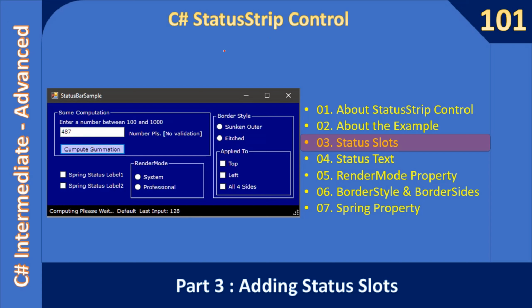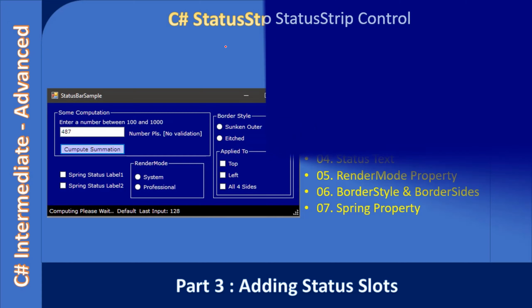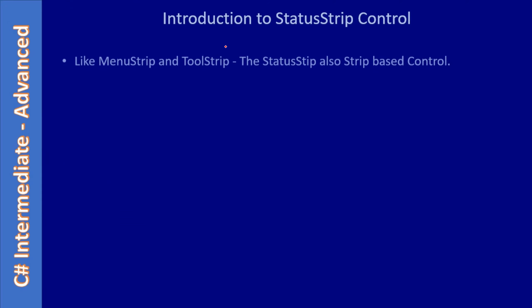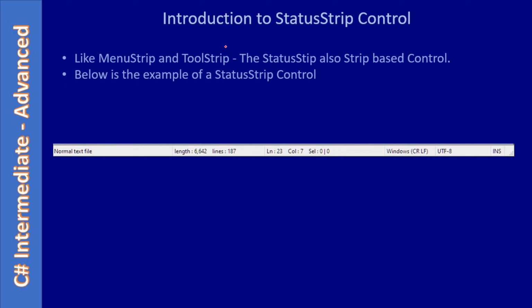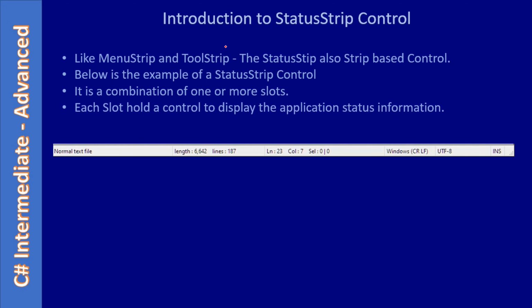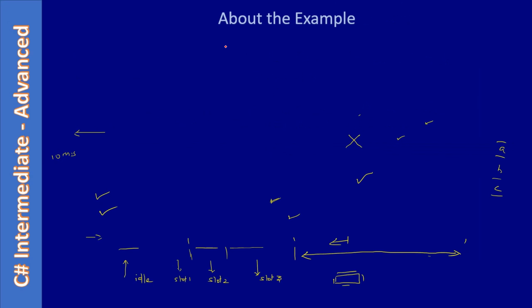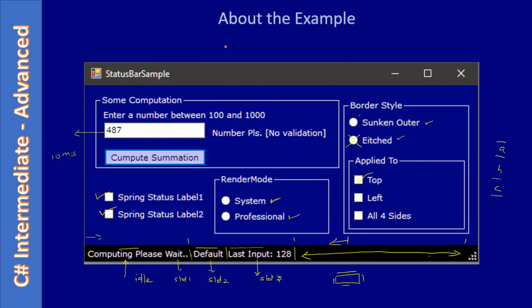So here in this video we will see how to add status slots to our StatusStrip control. These slides were explained as part of the previous video, where we discussed the example.